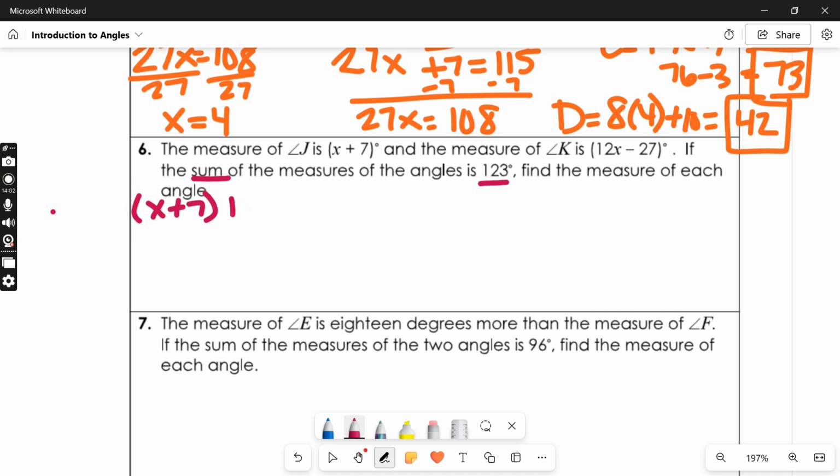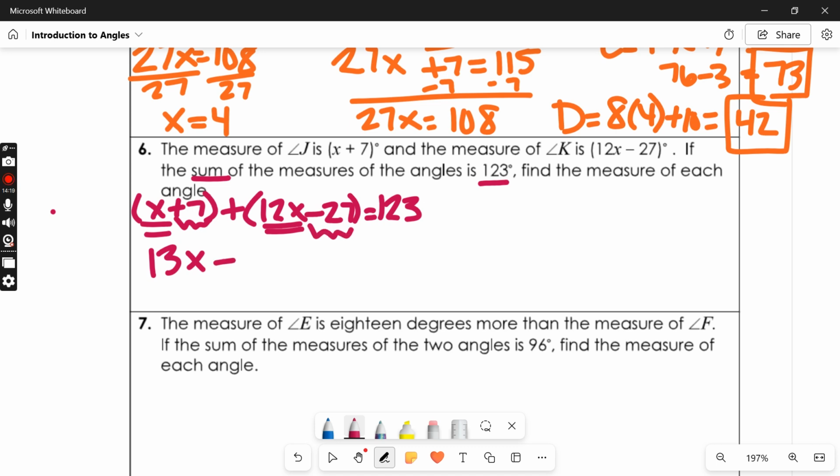x plus 7 plus 12x minus 27 equals 123. I'm combining my like terms, so x plus 12x is 13x. 7 plus negative 27 is negative 20 and equals 123.